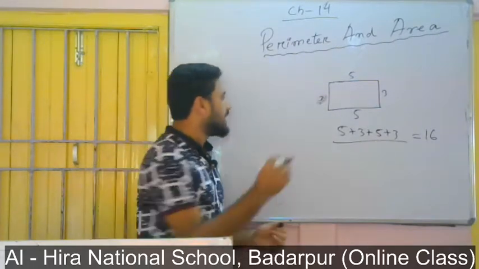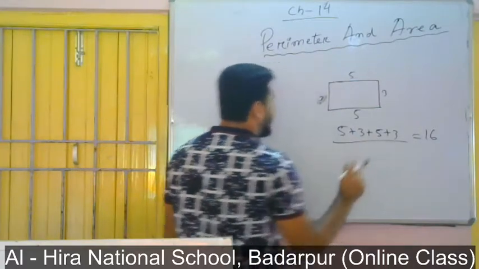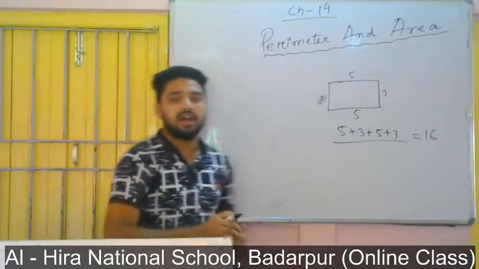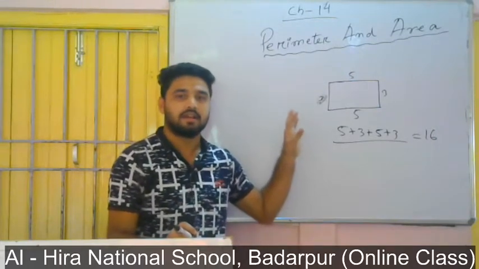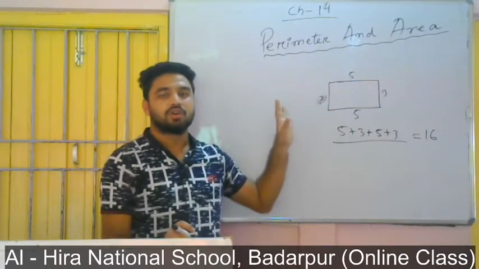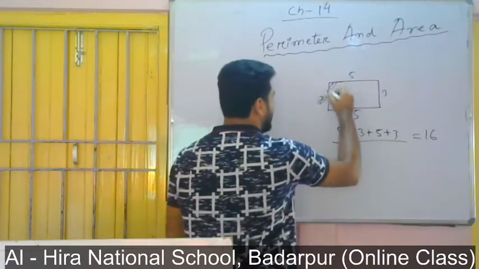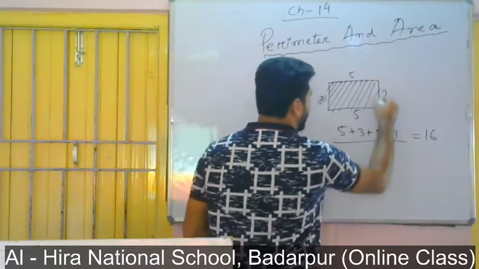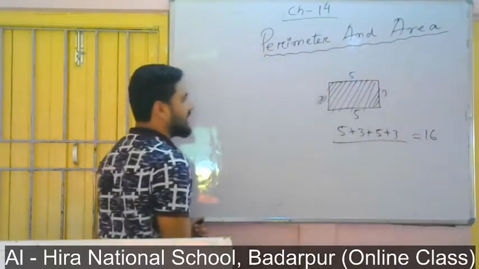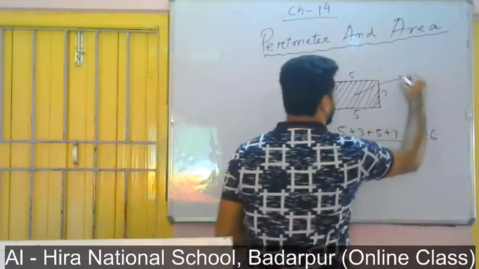Okay. Now come, what is area? Area is the total amount of surface covered by any closed surface. That means total amount of surface covered by any shape or any figure. That is, altogether we can say that area.